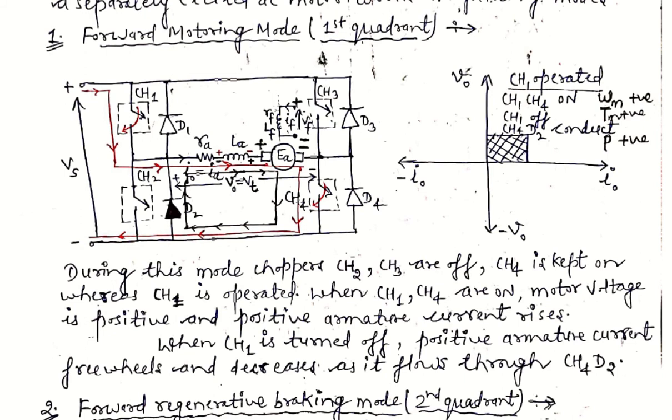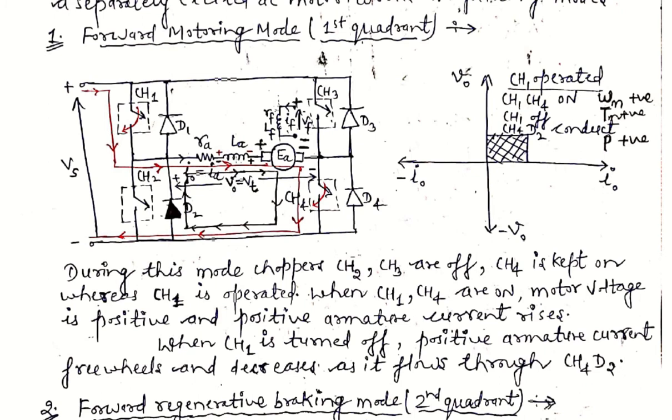CH4 is also on in this first quadrant, but the main control is with the CH1 switch. With CH4 and CH1 on, the positive armature voltage and current rise. The motor voltage is positive and the positive armature current rises, as denoted by the red colored line. When switches CH1 and CH4 are on, the current flows through CH1.